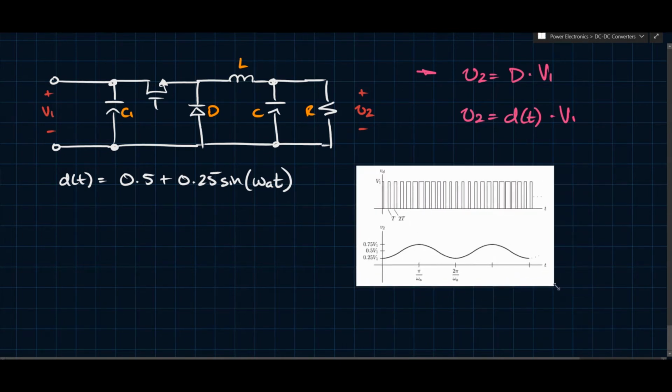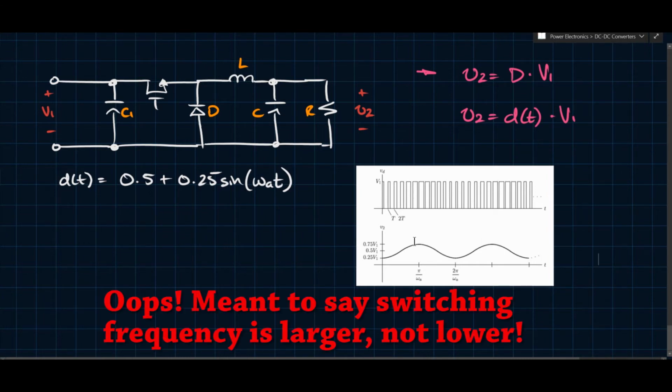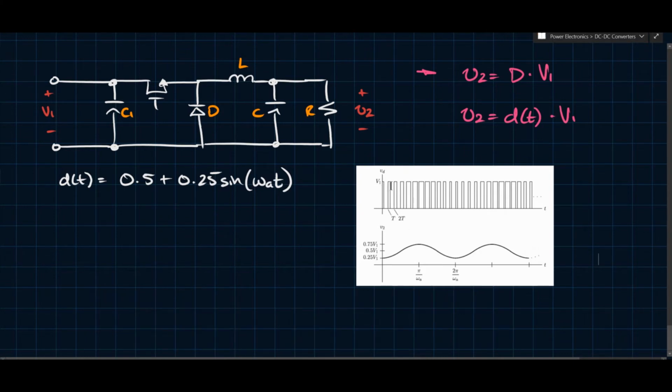Essentially what we see is this 0.5 plus 0.25 sine is this V2 here. And what we see is that this switching frequency is much higher than this frequency, obviously. Another thing we see is that the pulse width varies over time, because it's taking on that value for that switching cycle. Whatever the value is here, it's taking on that value of the pulse width, right?